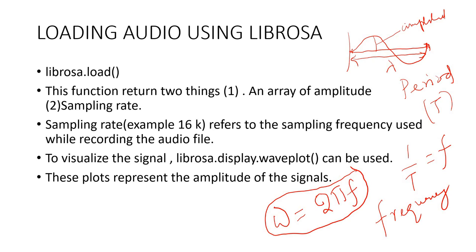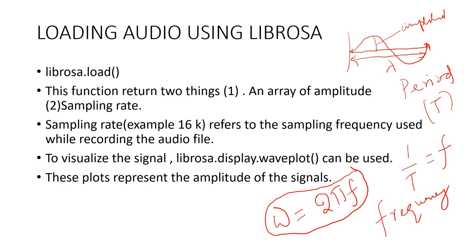That means 16,000 amplitude values per second. As I told, frequency is the number of waves per second. A sampling frequency of 16k means in 1 second you are getting 16,000 waves. That we call the sampling frequency or sampling rate.